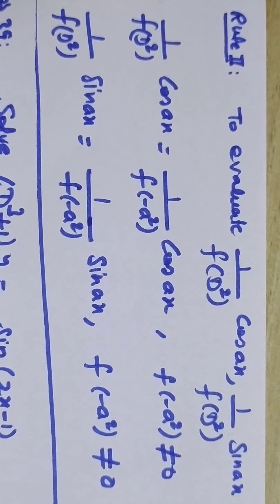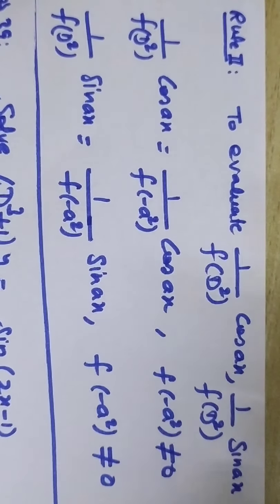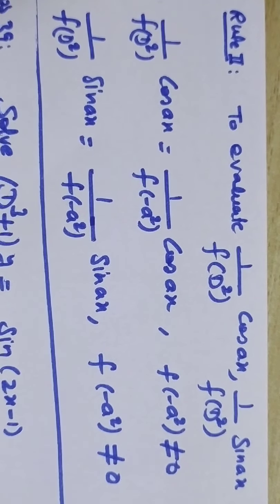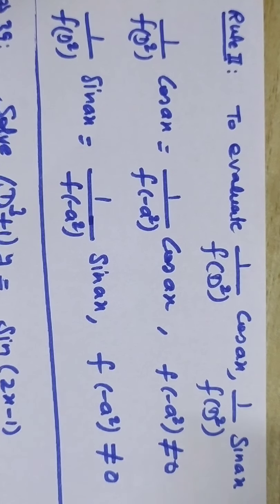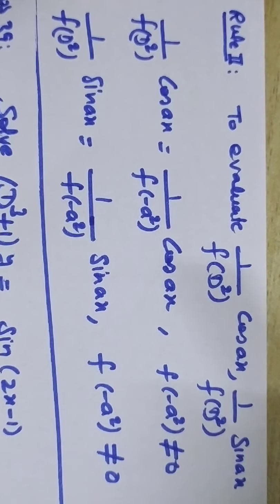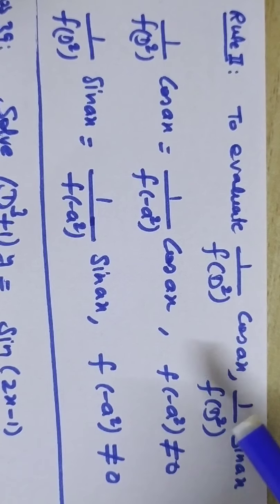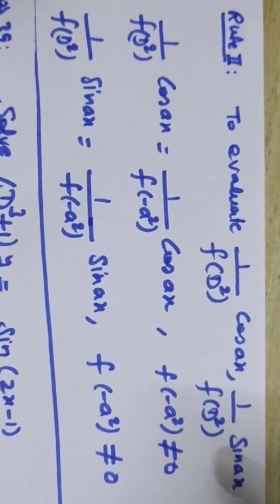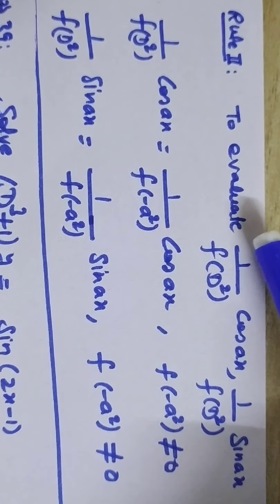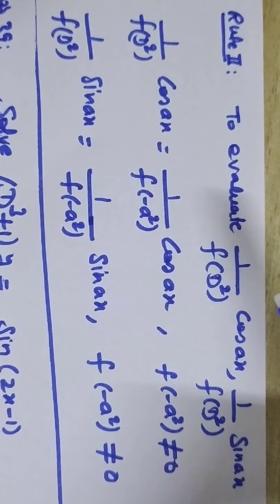Today I start with rule number 2, where I will discuss how to evaluate 1 over f(D square) cos ax and 1 over f(D square) sin ax. These are the rules to obtain the particular integral.